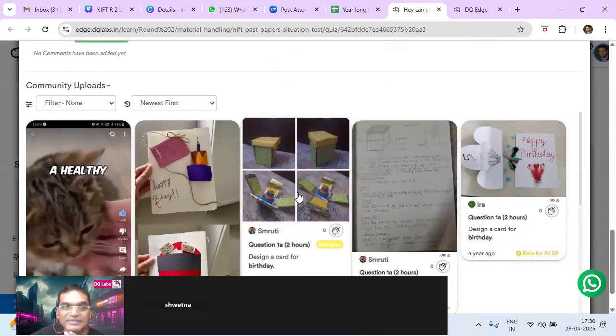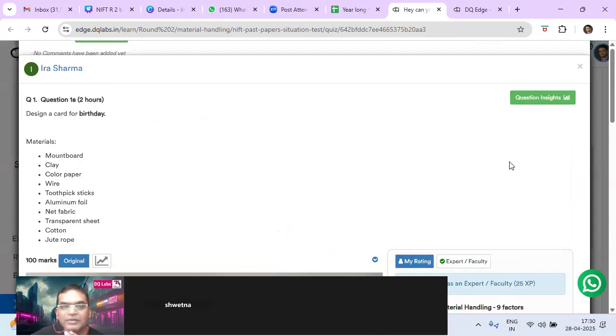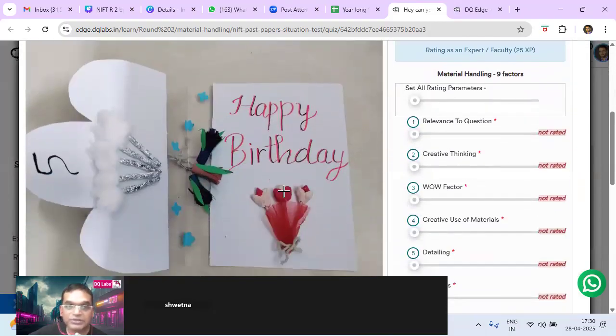I think we are missing out on the sketching of the model also. Yes, Shwetana, you can also do a small doodle, or while explaining your model in writing, you can do little sketches. By the way, Shwetana is one of the faculty who will be taking the online sessions.